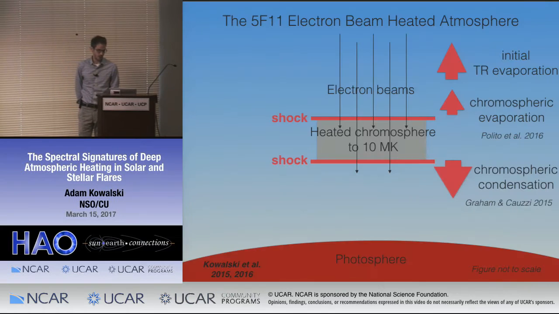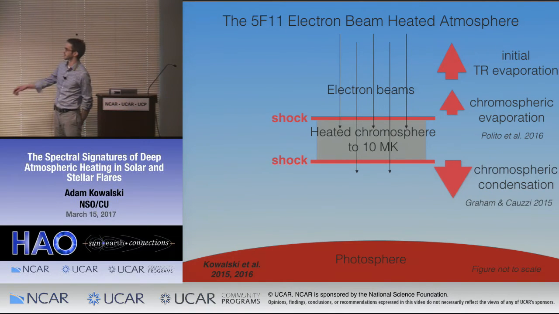So a little bit more about what happened in the RADYN model. This cartoon summarizes the important aspects. The F11 beam is inserted at the top of the atmosphere, and the code calculates how the beam loses energy. The electron beams hit the chromosphere and deposit most of their energy at the top of the chromosphere. They heat it to 10 million degrees in less than a second. As a result, you have very steep temperature and pressure gradients, which form these shocks.